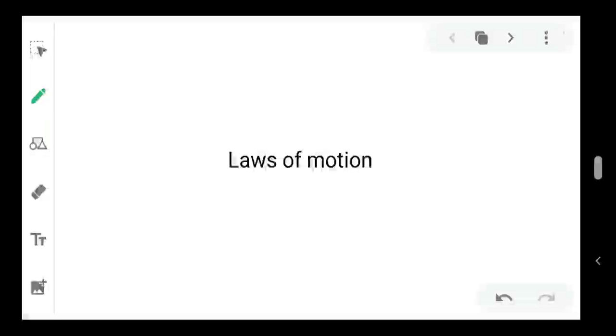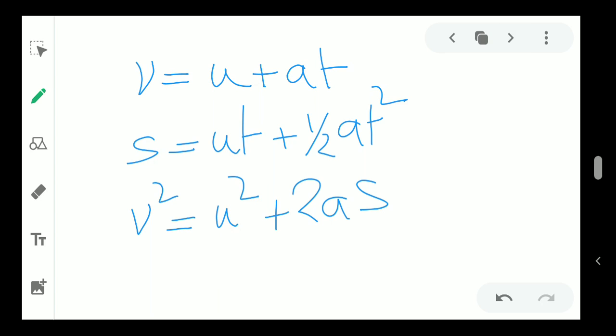Students, in the last chapter we have read how a motion happens, what is motion, what is rest, and we have read the three equations of motion. These three equations are based on prediction.